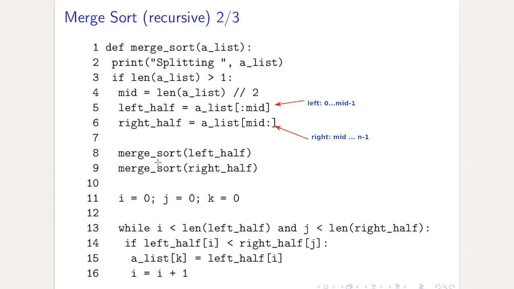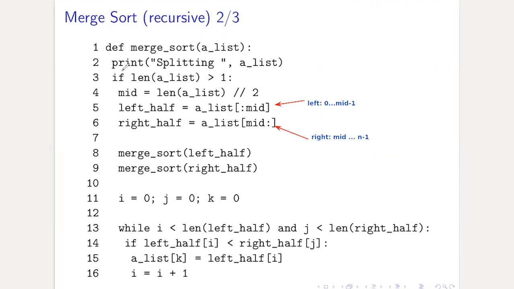Then we do the merge sort on the left hand side and merge sort on the right hand side. So once you have the sorting done, you have to do the merge.